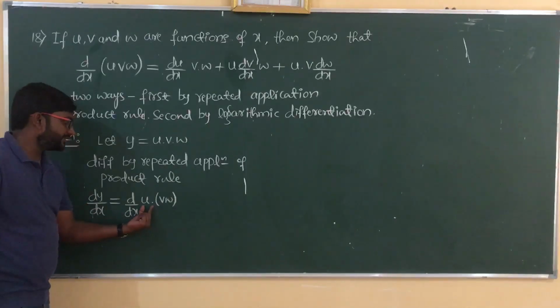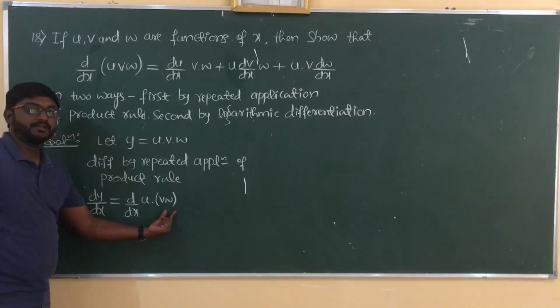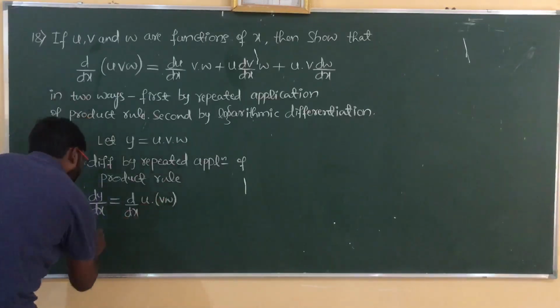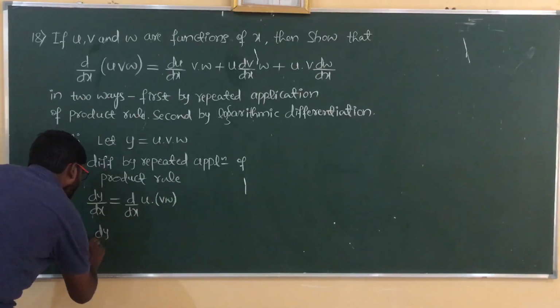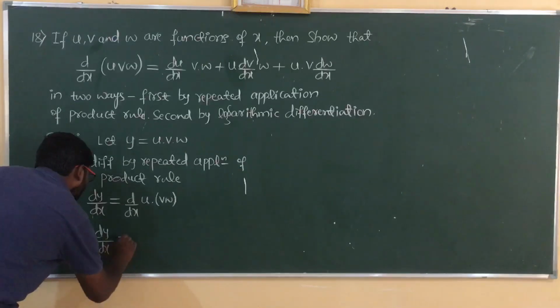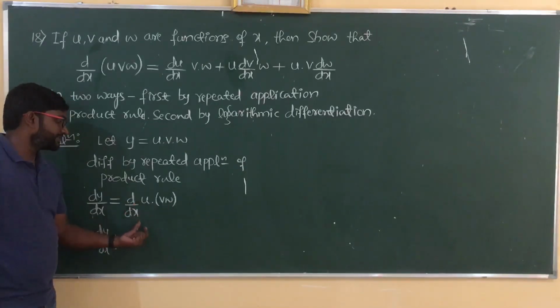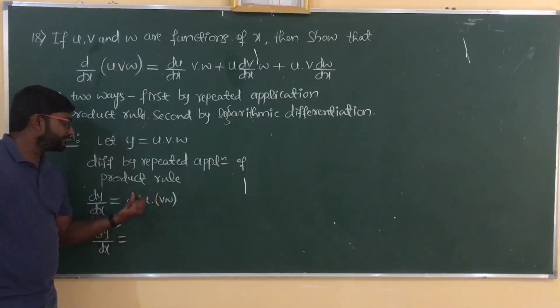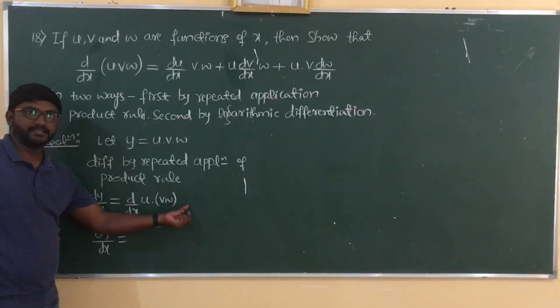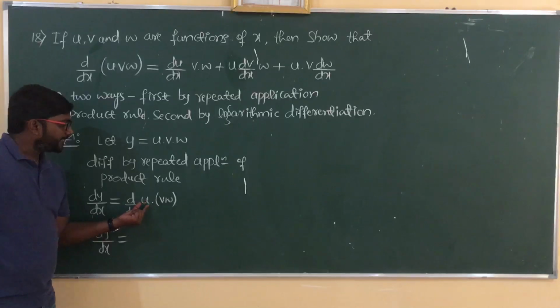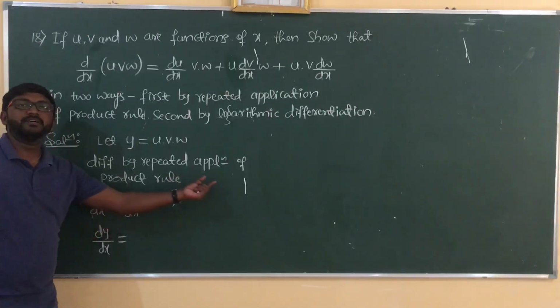So this is the first term, vw is the second term. So let us differentiate this now. dy by dx which is equal to, so now it is in the form of product rule: derivative of the first function, write the second function as it is, plus now write the first function as it is, the derivative of the second function.